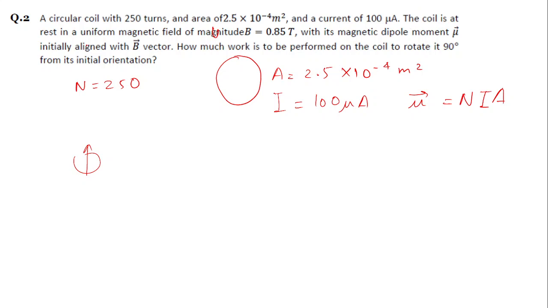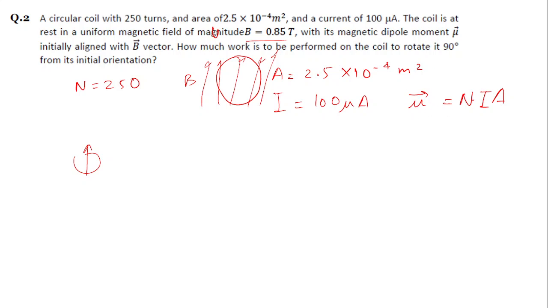The coil is at rest in a uniform magnetic field of magnitude B. Okay, so there is uniform magnetic field in which this loop is at rest, so it's not moving. So there is field all around here of magnitude B, 0.85 Tesla, with its magnetic dipole moment mu.